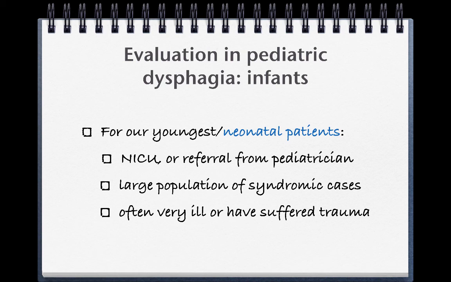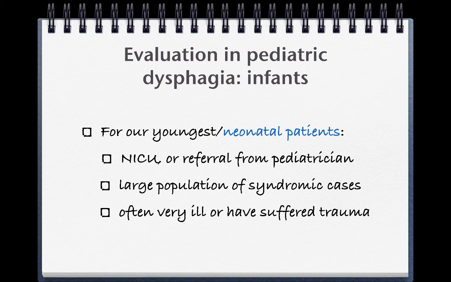All right, moving on to the actual assessment form, I wanted to say a few words about our very, very youngest neonatal patients, especially the patients that we find in NICU, or the Neonatal Intensive Care Unit. Our infant patients, our very young patients, almost always come from NICU.